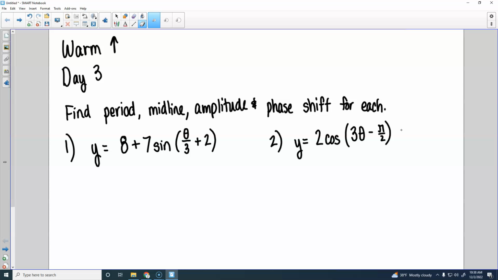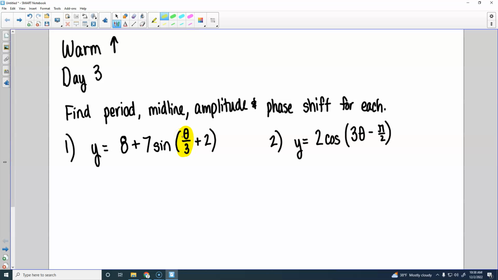Okay. All right, so for these, I want you to find period, midline, amplitude, and phase shift for each one. I use a theta instead of an x here just because I want you to see both. Sometimes they use thetas. And there's a little bit of a trick right here, or it might be tricky to some of you.